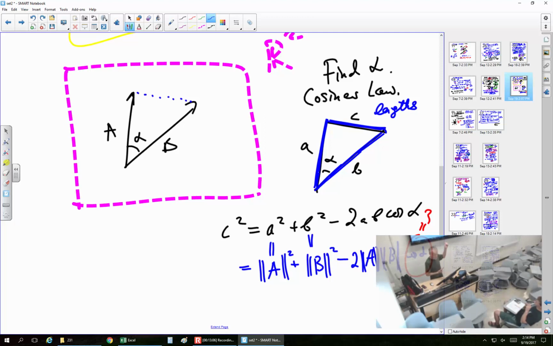No, what is it? It's either A plus B or B plus A. It's the difference. The difference. That is actually quite an important point here. This vector is, let me plot it again.